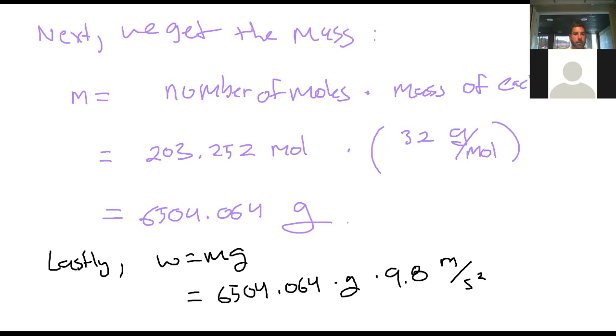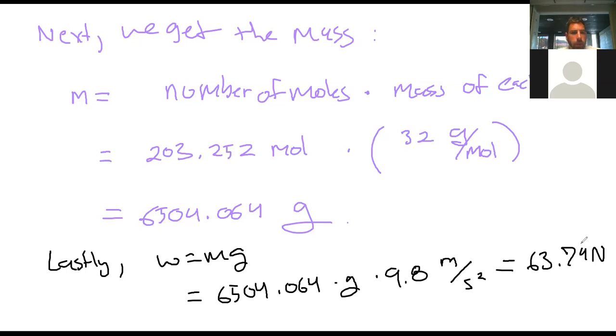So if we didn't make a mistake, what we should get is 63.74 newtons, provided we didn't make an error.